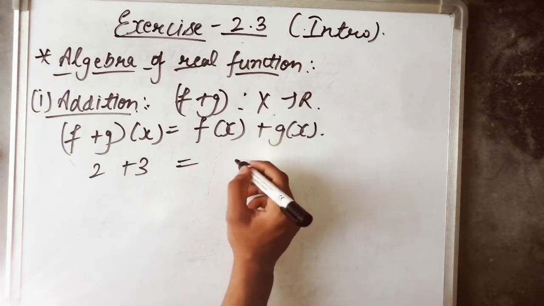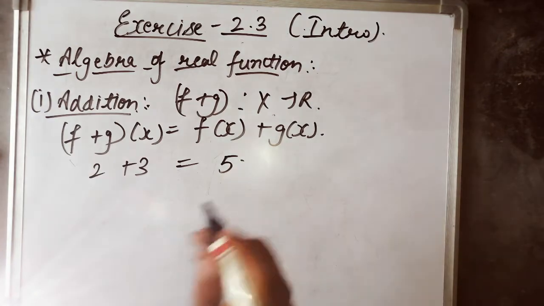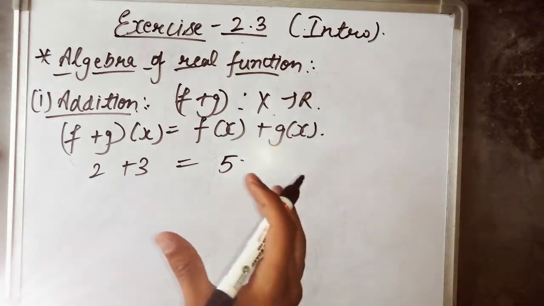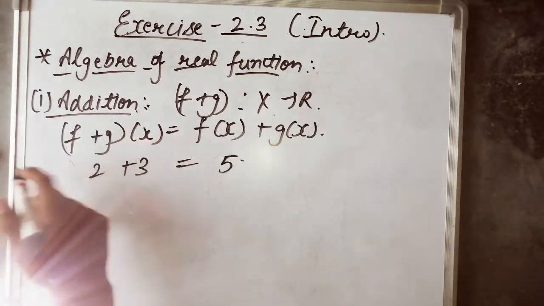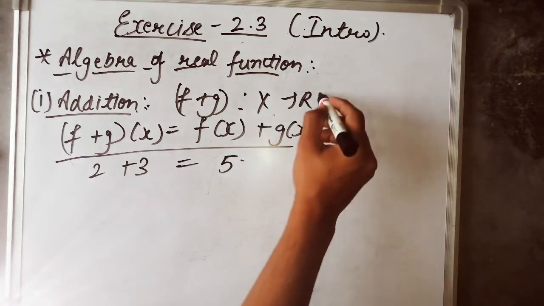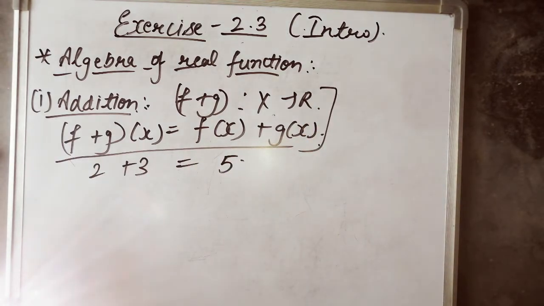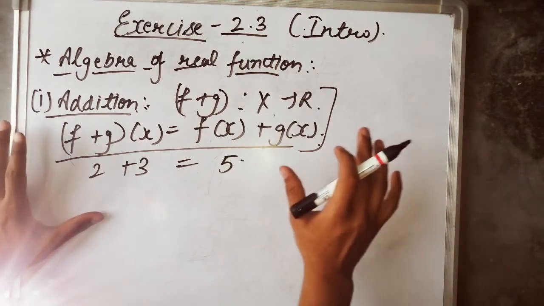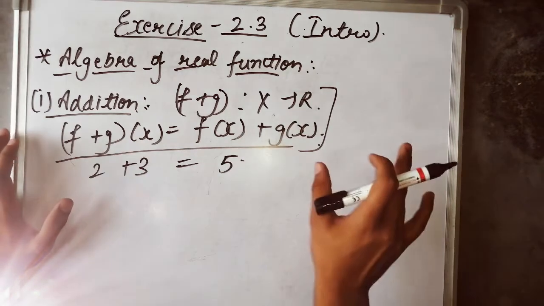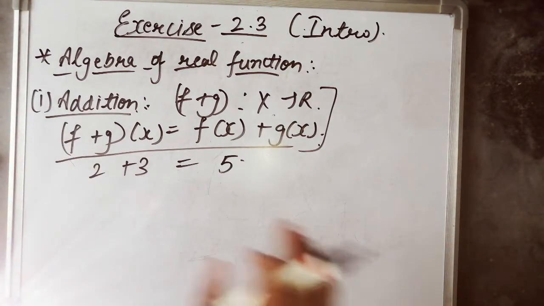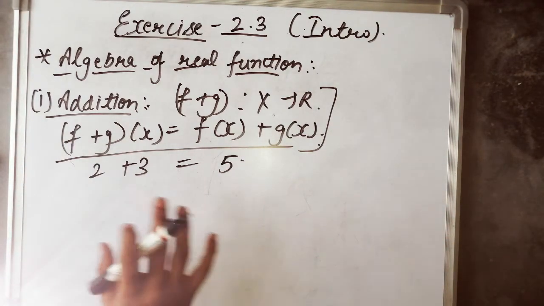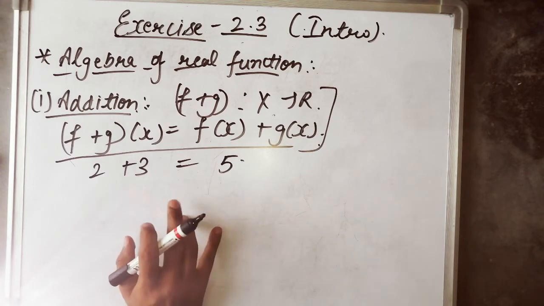I think 5. This is what you actually need to do. Don't mess up with this, because if you mess up with this you will never get the functions. What you need to understand is addition, subtraction, division, multiplication. These are quite simple. This basic algebra you need to follow in these functions.